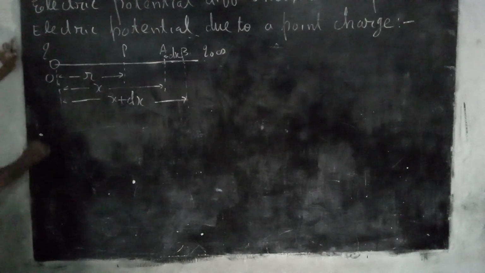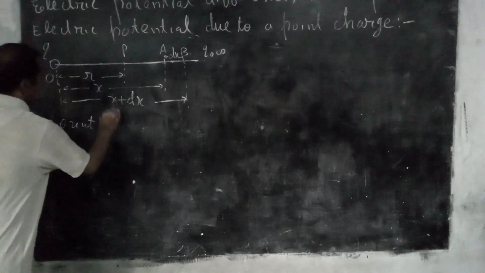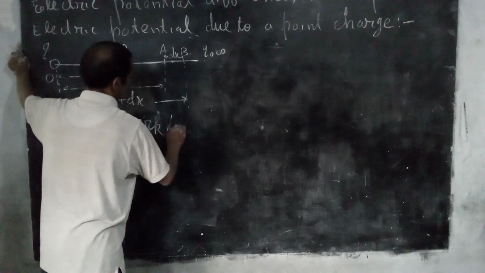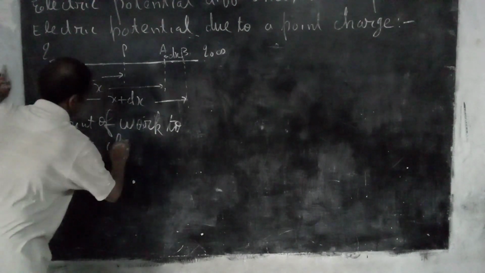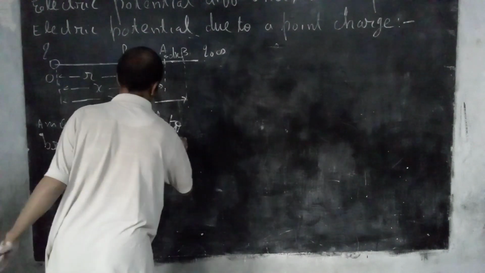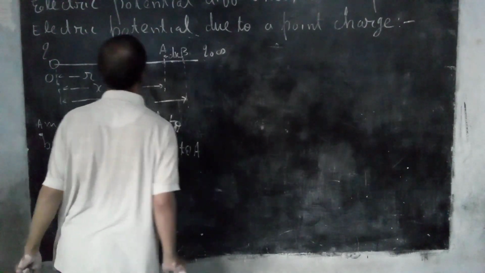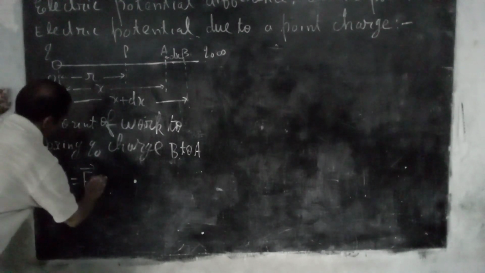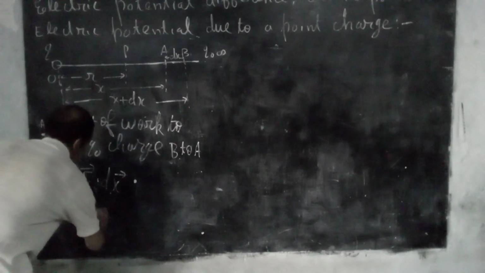So the amount of work required to bring charge Q0 from B to A: dW is equal to the scalar product of force and displacement, F ds cos theta.